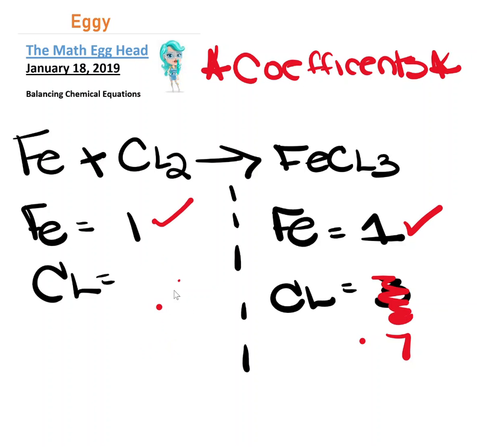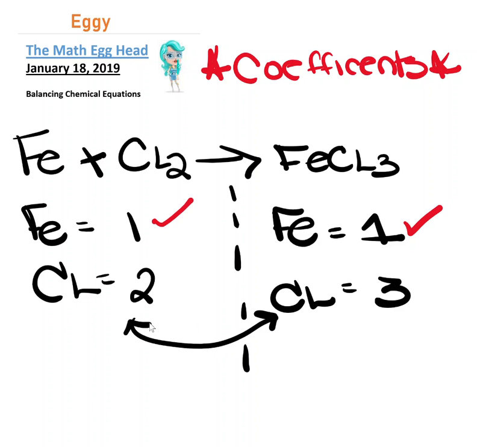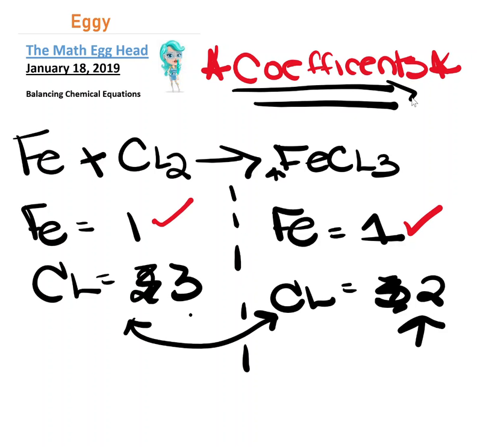And remember, you're always paying attention to the smaller number and then focusing on how you would get to the bigger number. So let's say these were interchangeable. They're not, but let's say in this way we had 3 here and we had 2 here. Then you would think to yourself, okay, how could I get from 2 to 3? And then you would know that the coefficient here would have to be affected. Because remember, the coefficient is the only thing that changes when you're balancing equations.